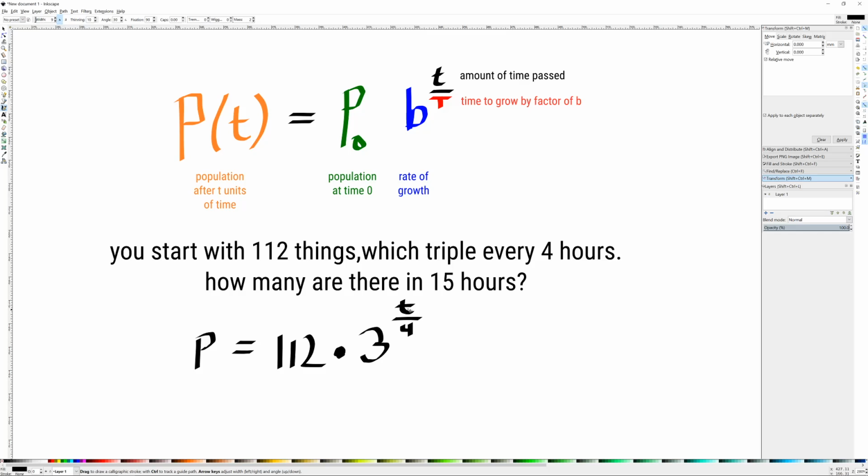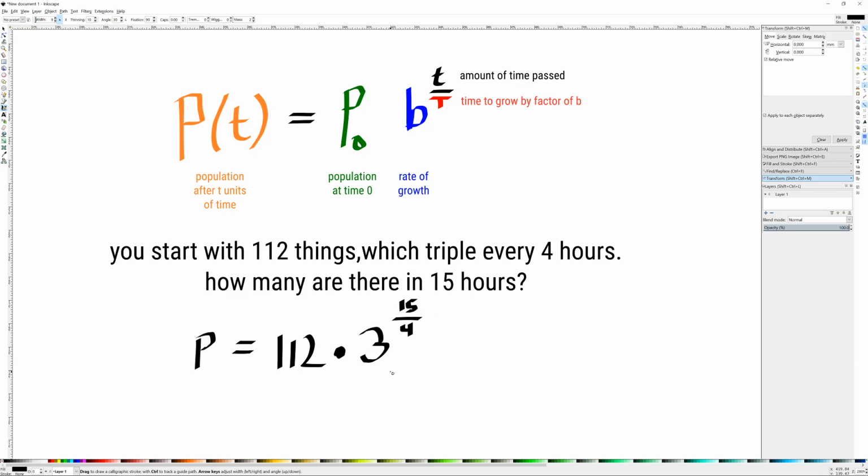So if I put a 4 up here, I would get 3 to the 1, which is 3. So I would have 336 in 4 hours. But actually 15 hours have passed. Every 4 hours gives me a tripling, so 15 divided by 4 is what I raise my 3 to, to see how many times I multiply by 3.